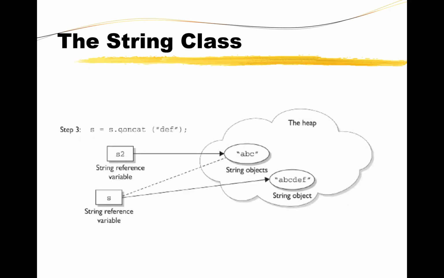Now, if you say s equals s.concat DEF, a new object called ABCDEF will be created, and variable s's reference to the ABC object will be removed and added to the ABCDEF object. Now, s2 is still referring to the ABC object.